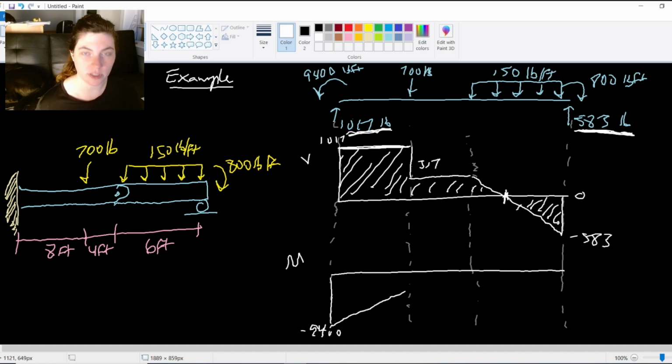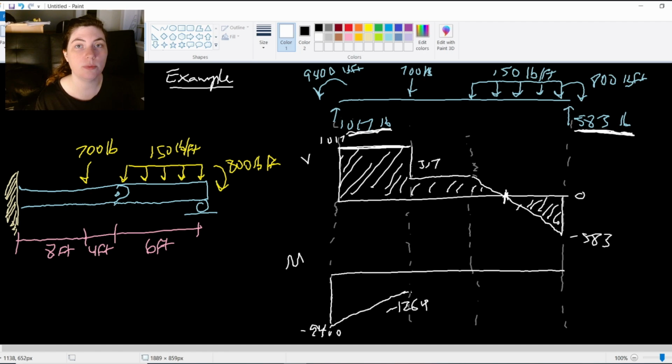That goes over 8 feet, so 1017 times 8 is 8,000 something. I take that 8,000 something minus the 9,400, and I get 1264 as the point where it hits, right where that 700 pound applied force acts.